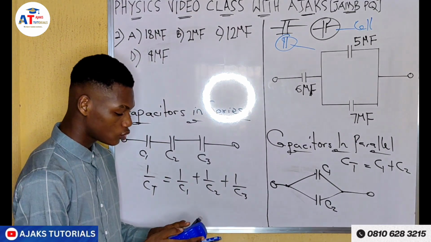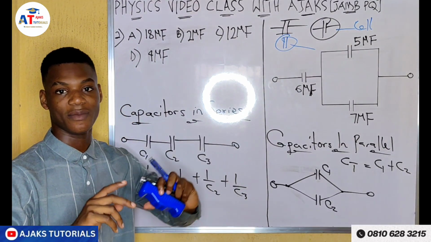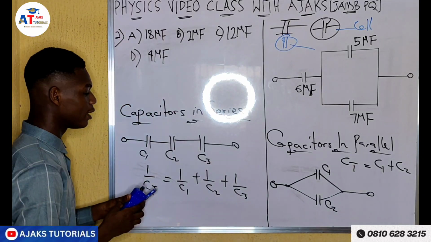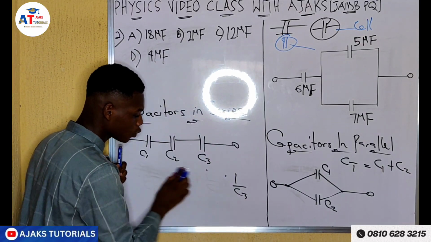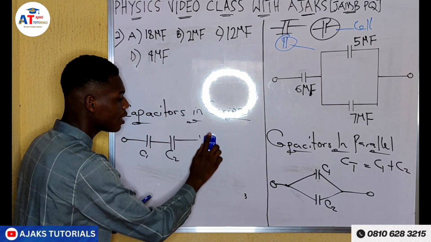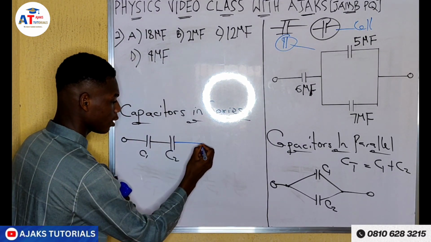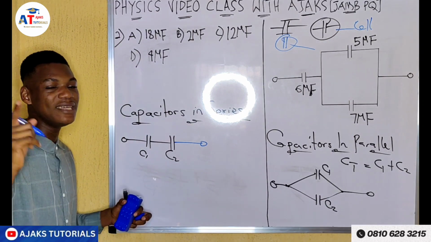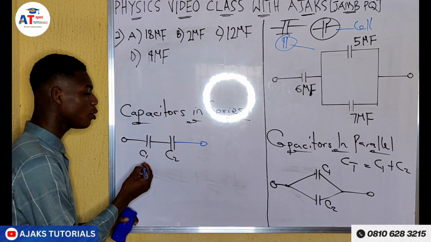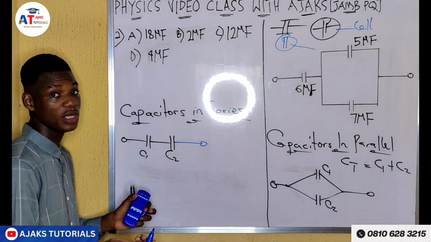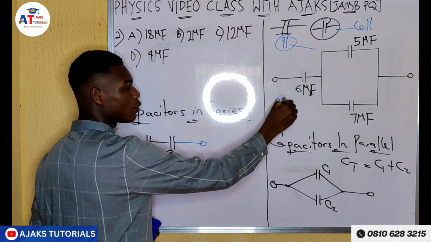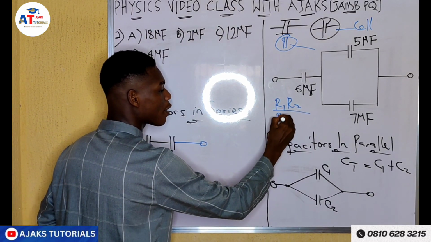Also note something very important. When two capacitors are in series, we have a particular formula to represent them. Let me clean this so you can see properly. Let's say we have two capacitors in series like this. What is going to be the effective capacitance? Normally when we have two resistors in parallel connection, we say it's R1 R2 over R1 plus R2.